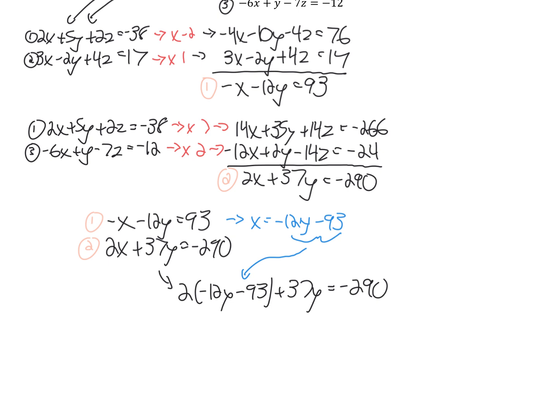So if I simplify this, there we go. Now we're going to solve this. So we get negative 24y minus 186 plus 37y equals negative 290.